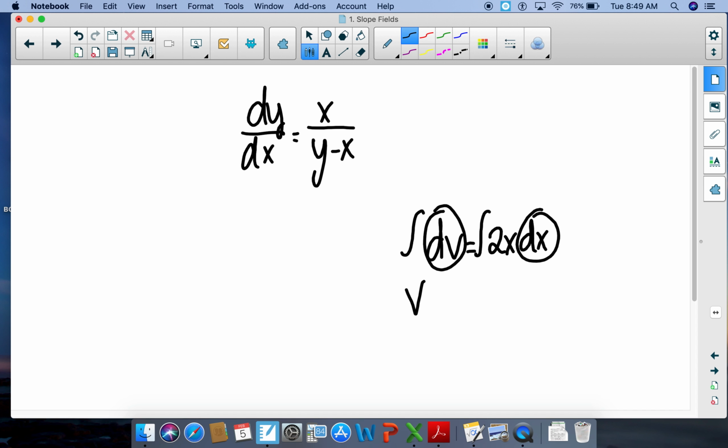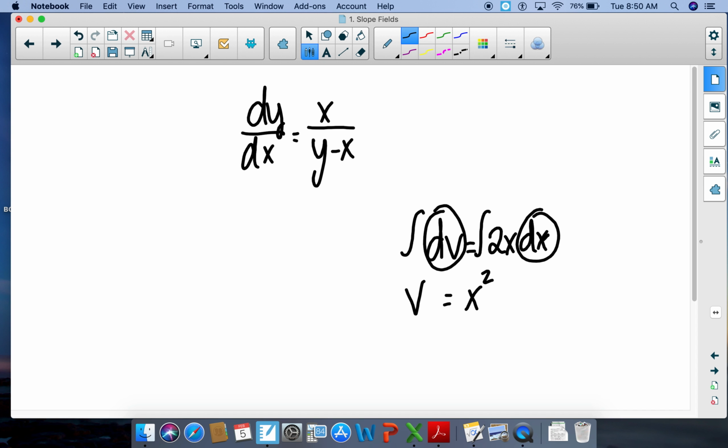This tells me I'm going to integrate with respect to x, right? So I'm going to get back something like x squared plus c, right? Okay. This is good because it matches everything. And that's a big part of integration, is making sure that the variable we're taking the derivative or integral with respect to is a variable that comes in as an output.